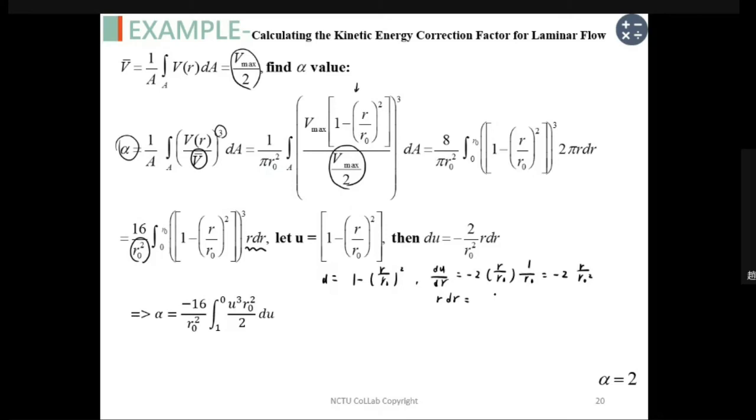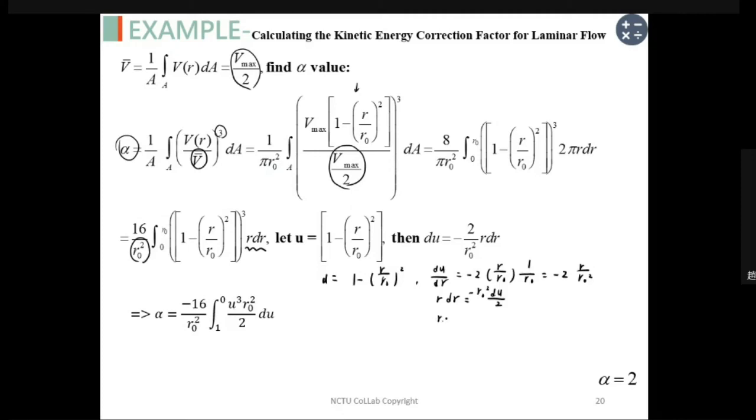So based on this equation, we know that r dr is equal to du divided by 2, and we move the minus 2 and r0 squared to the other side, so here is minus r0 squared over 2. Okay, then take a look.